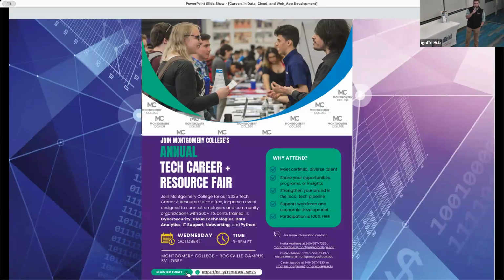So, as Eduardo was saying, TechMap is basically an accelerator program funded by the Federal Department of Labor through the EARN grant to help underserved populations get their foot in the door into IT.